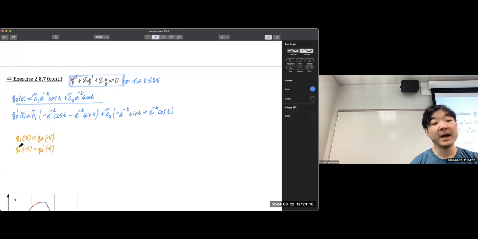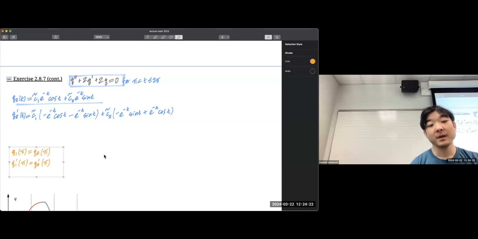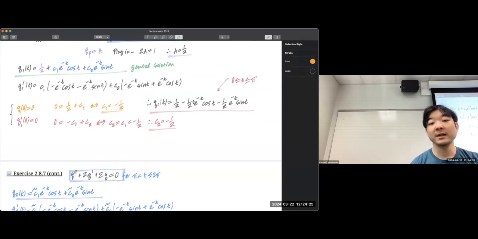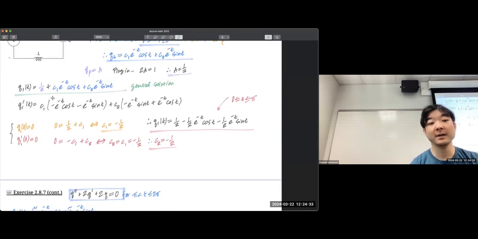For the second continuity, which is that the current is continuous, I have to set Q2 prime at pi equal to Q1 prime at pi. So I'll take the derivative of Q1, which is literally the same thing as what we already wrote here.